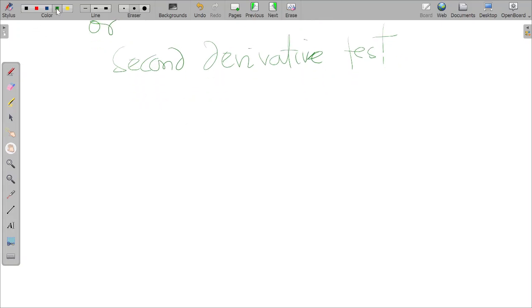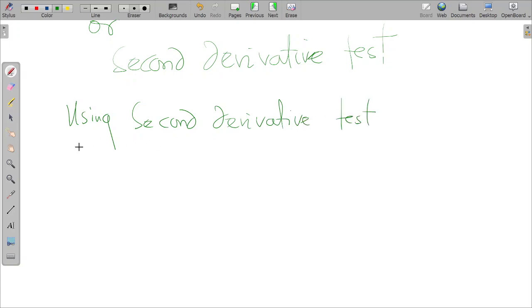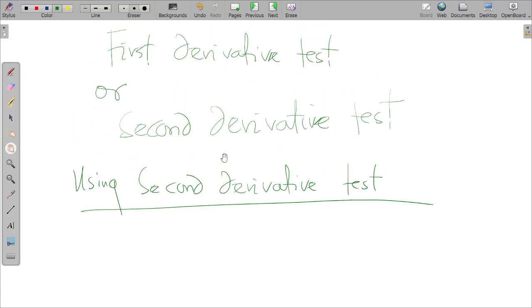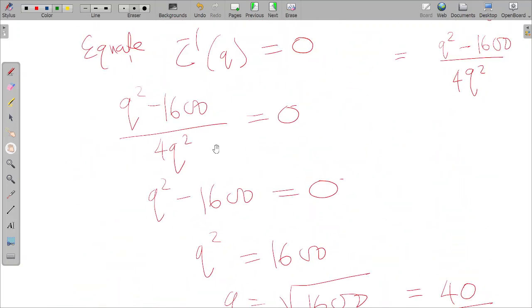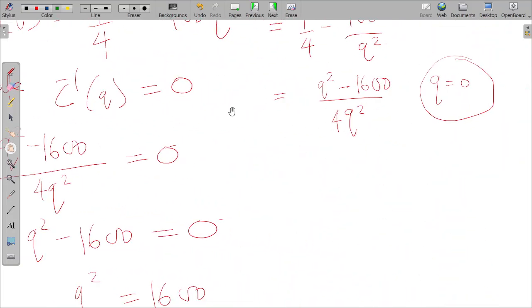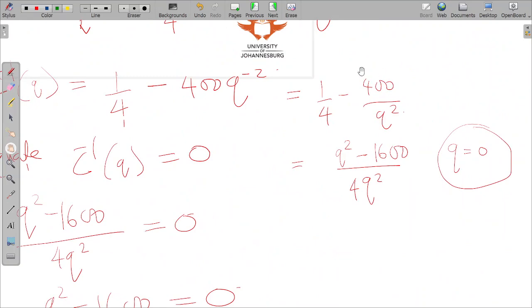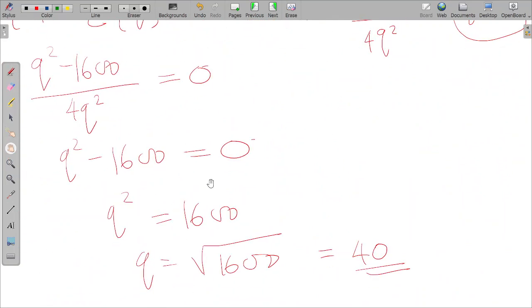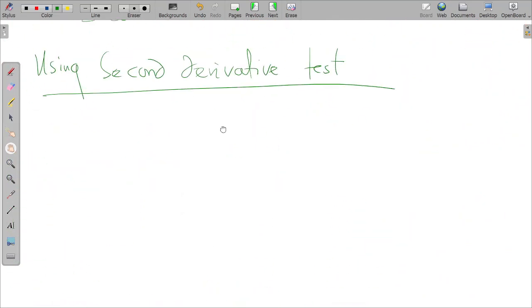Okay, let's go with the second derivative test. What we need to do is to derive this a second time.